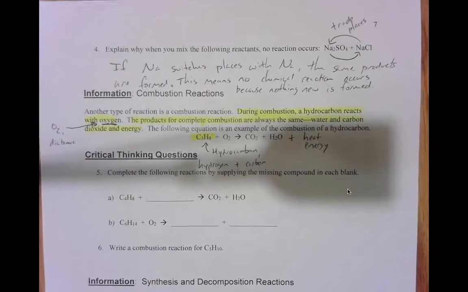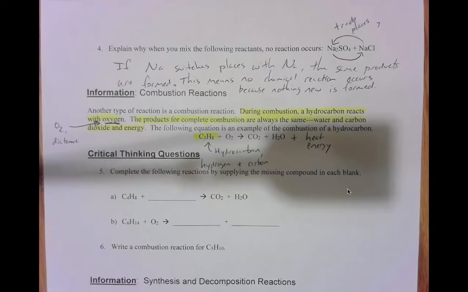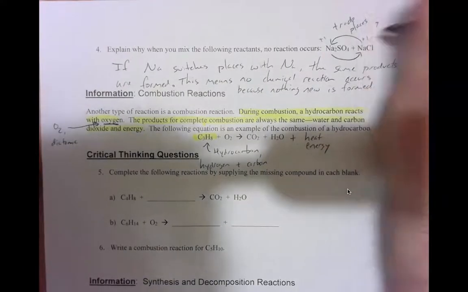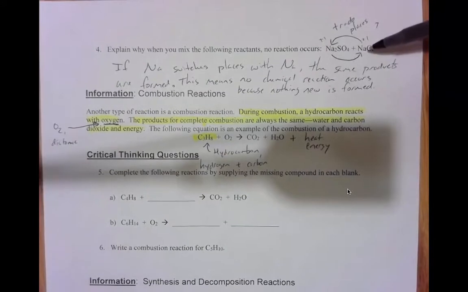Okay. Number 4. Number 4 is a pretty important question. So we need to explain why when we mix the following reactants, no reaction occurs. So we know, based on charges, that sodium in both of these has a positive 1 charge. So that means the positive ions will trade places.